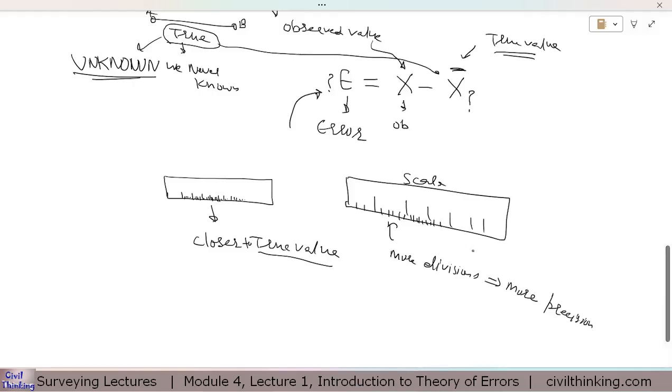For a distance you want to measure, when the number of divisions increases, you can measure up to that mark. But there is a limitation to the human eye; we cannot see everything. Because of this human limitation, there will again be some errors.